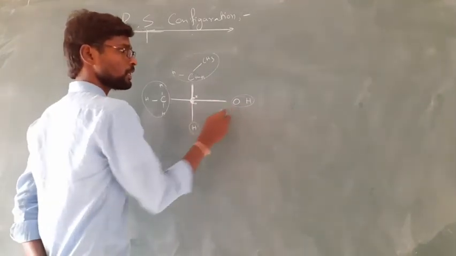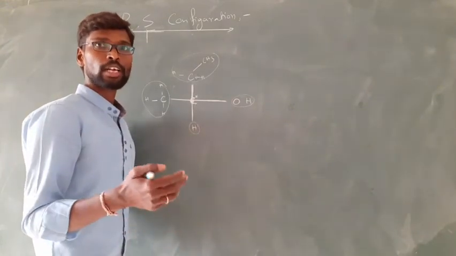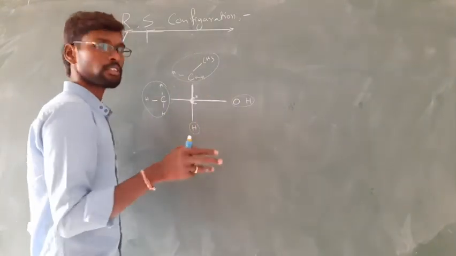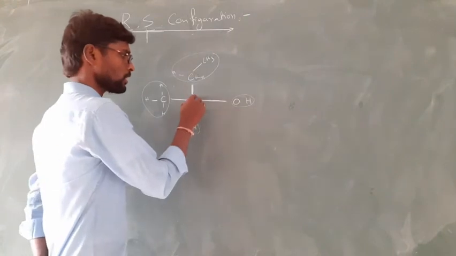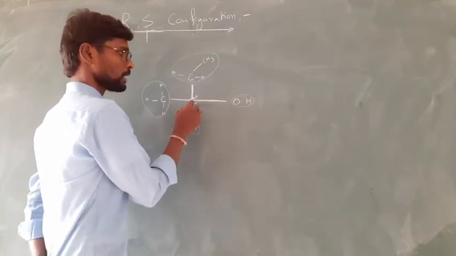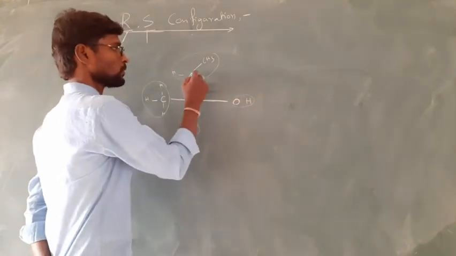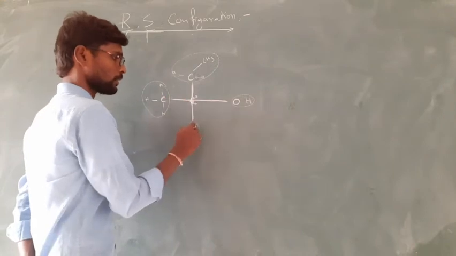The atom which has more mass, we give the highest priority number, right? Now this is a carbon here. To this carbon, oxygen is directly attached, on the top side one carbon is there, on this side again one more carbon is there, and on this side hydrogen is there.